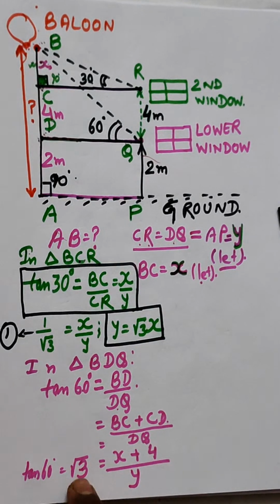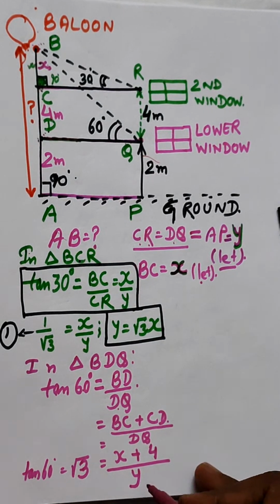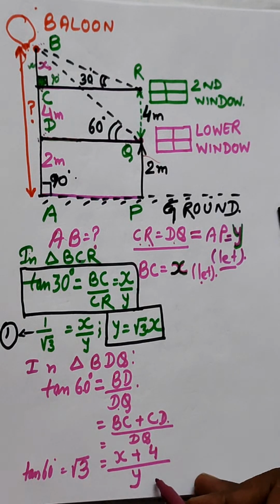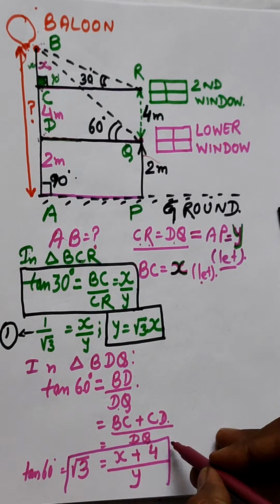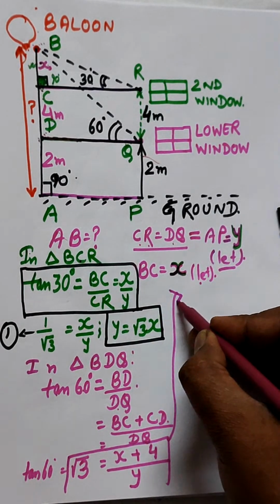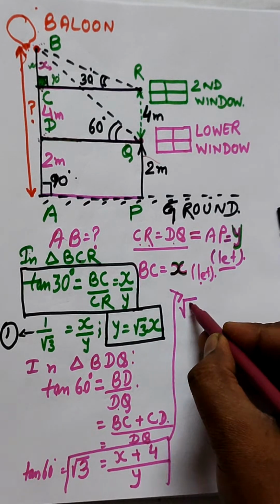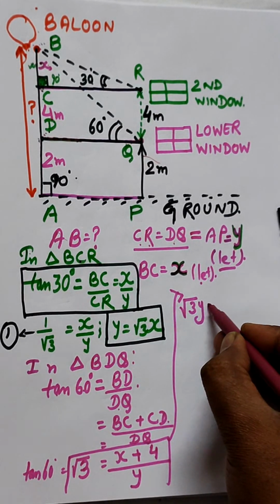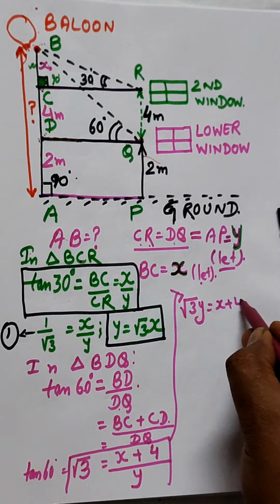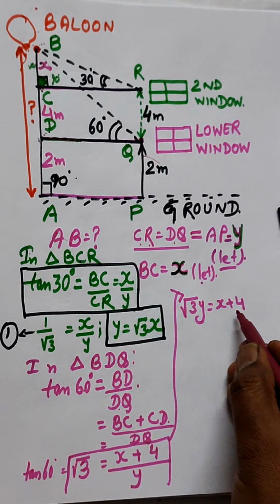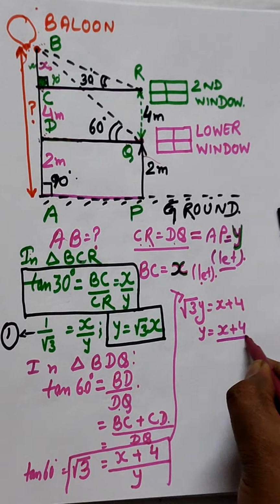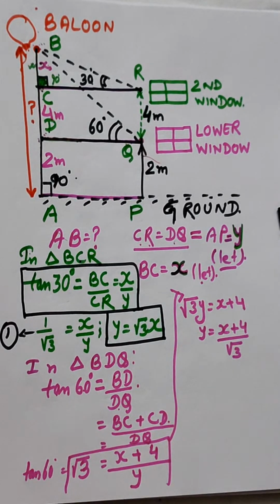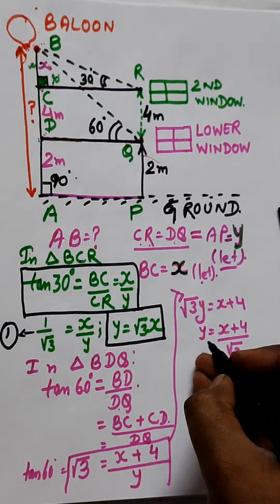So this will give you root 3 times y equal to x plus 4, or we can say y is x plus 4 by root 3. So this is another relation which we have derived.